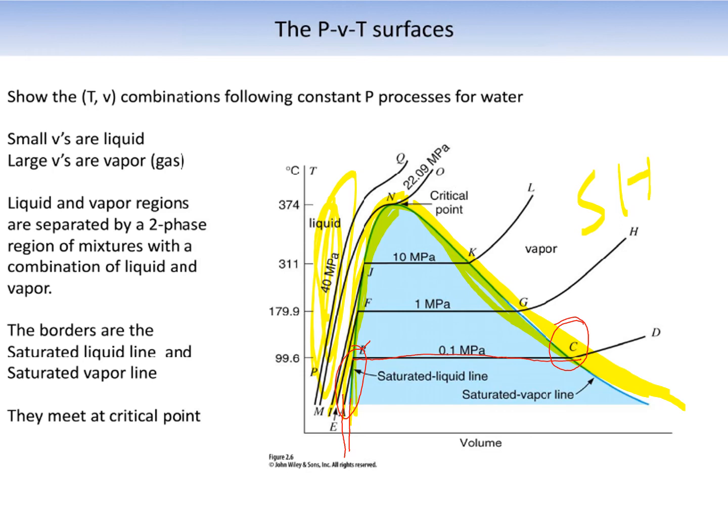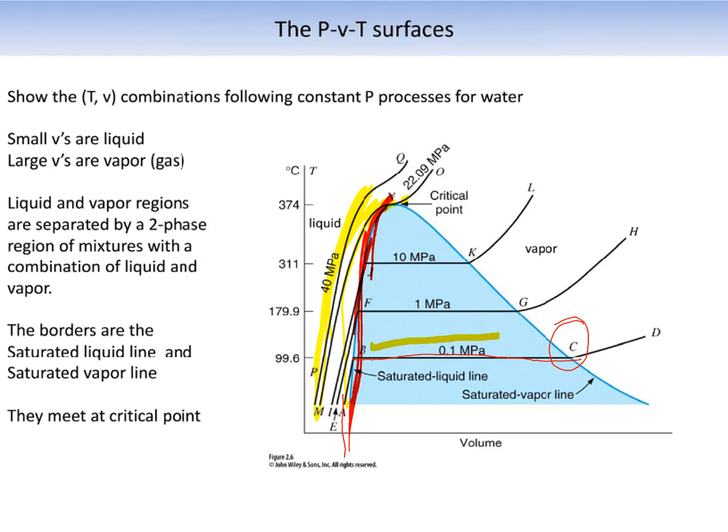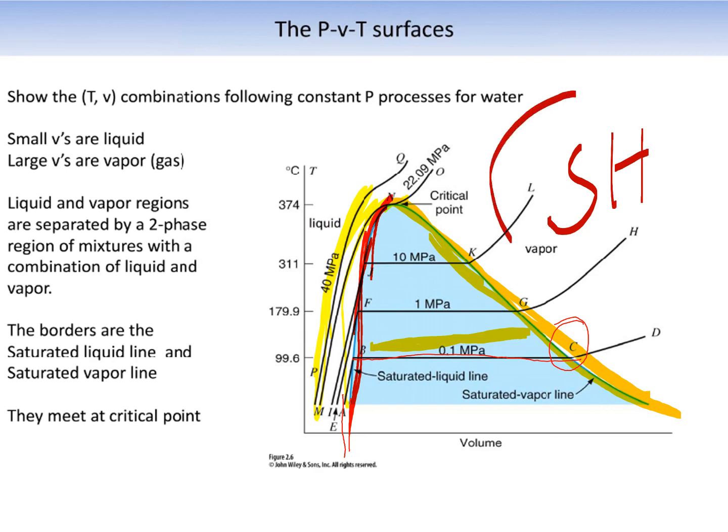Let me draw it with different colors. Initially, this is the compressed liquid zone. Now this line is the saturated liquid line. Here it is liquid plus vapor, and then this line is pure saturated vapors, and then this side is superheated. This complete zone is superheated.